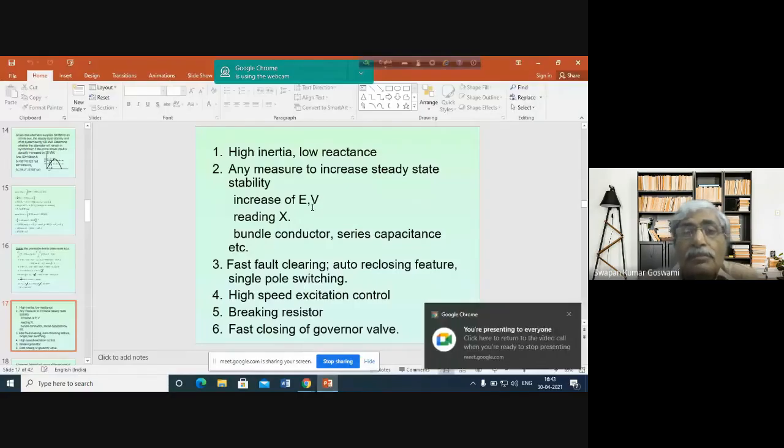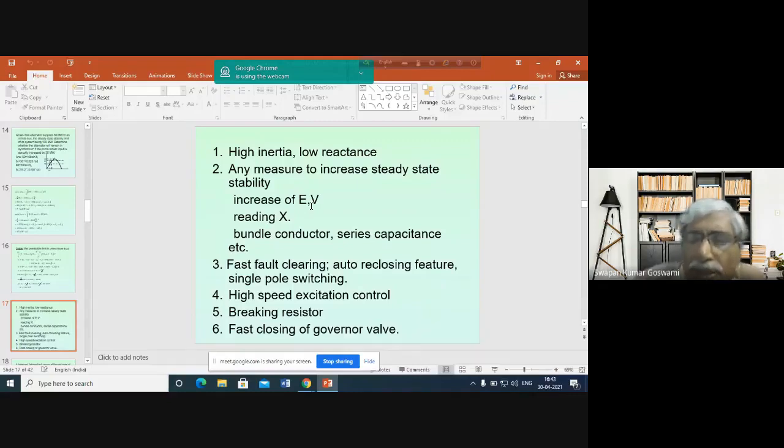So if you maintain the terminal voltage constant, meaning generator terminal voltage constant, then how much can you increase the peak of the power angle curve? You cannot go beyond that. You cannot increase the peak of the power angle curve to such a value, or you cannot increase the excitation current, field current, to such a value that the terminal voltage becomes greater than the normal value, greater than the said value.